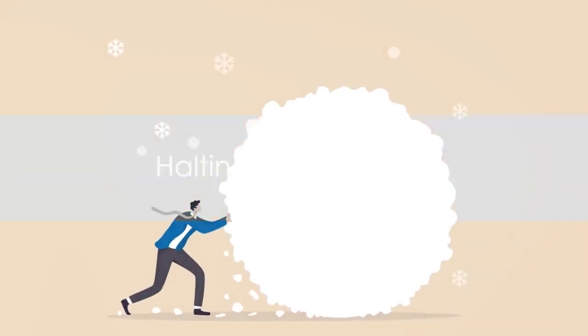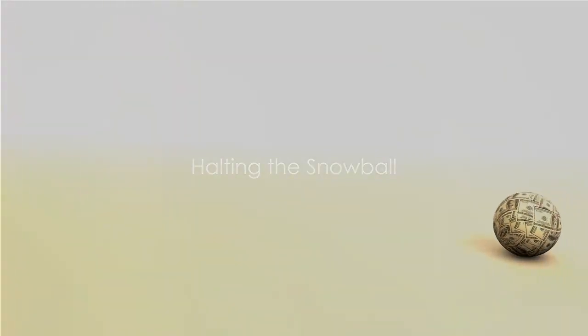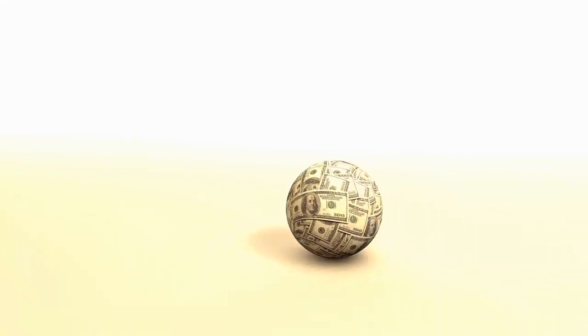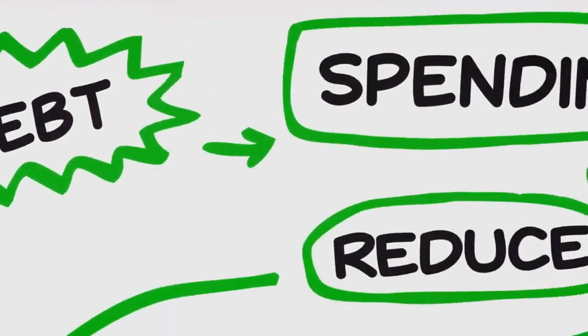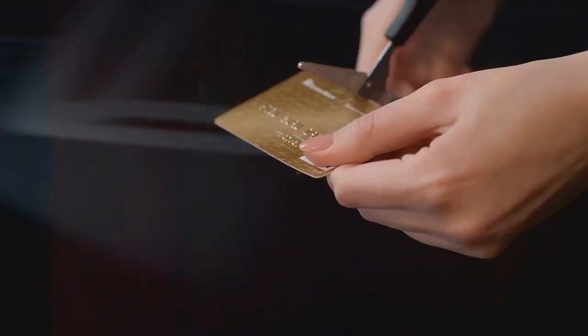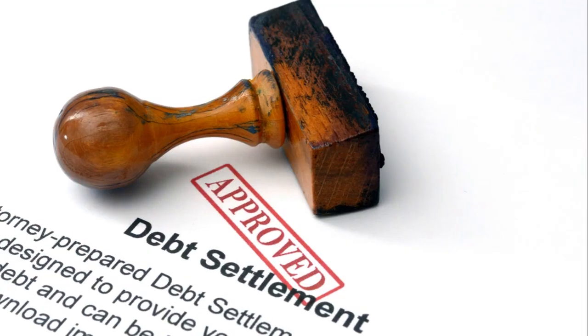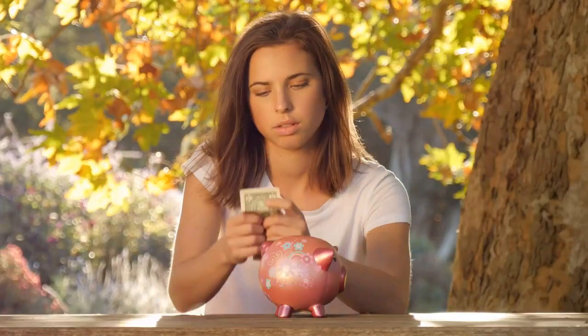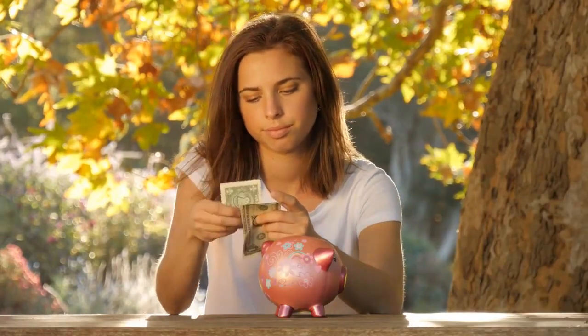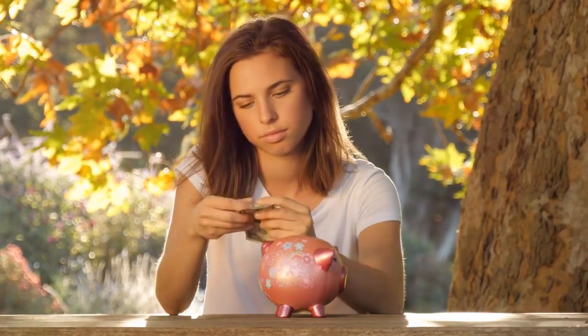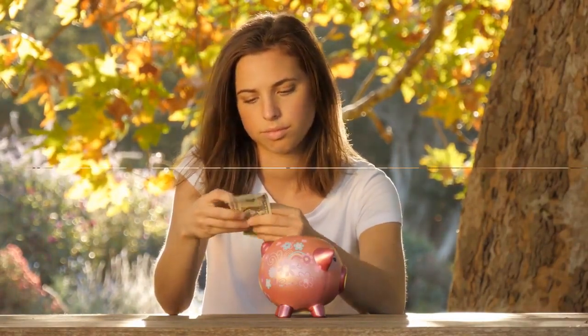Now, imagine these debts as a looming snowball, rolling downhill, gaining momentum. You can combat this with what we call the snowball strategy. This method helps you tackle your credit card debt by focusing on high interest balances. With consistent, dedicated payments, you can halt the snowball's growth and start to shrink it faster than a random payment arrangement would allow.